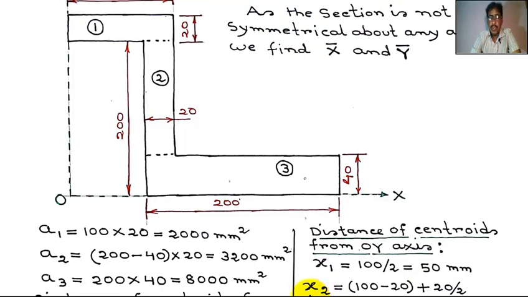x2 is the distance of CG of rectangle 2 from Y axis.